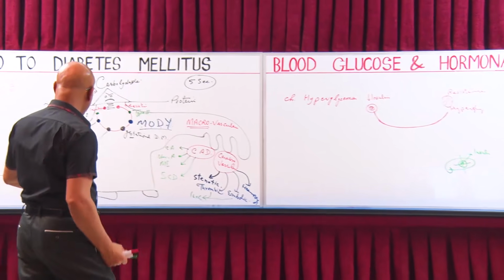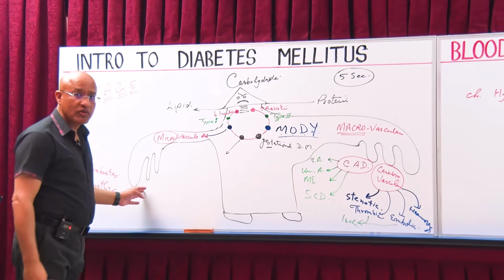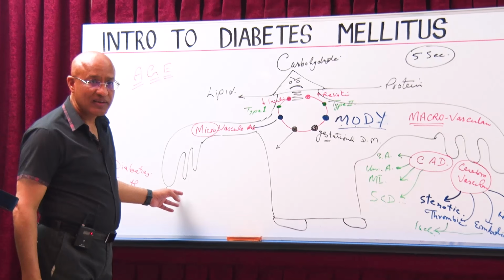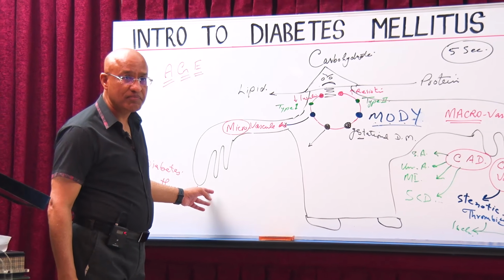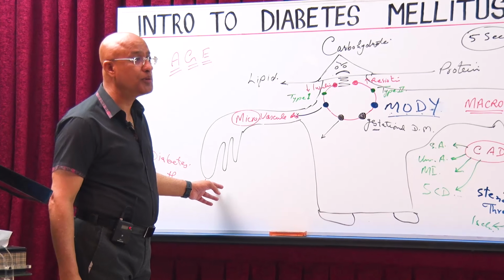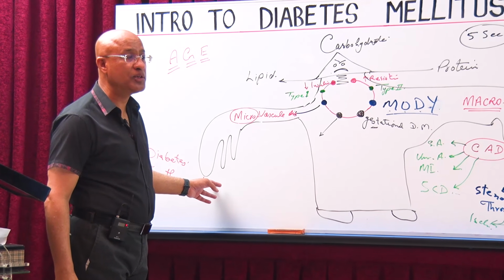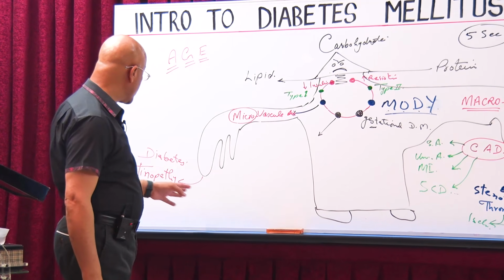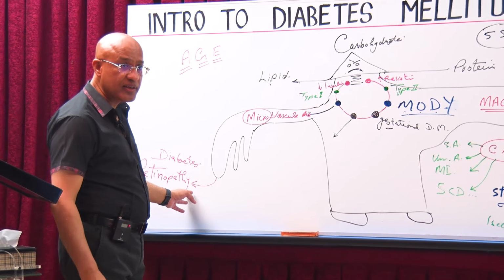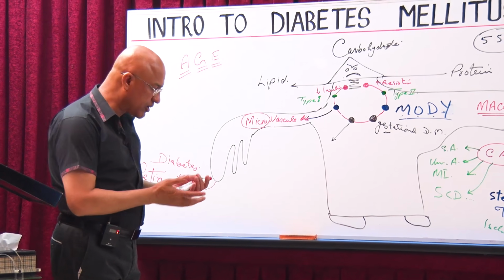Then if it does not kill, at least it can make you blind. That is also a very miserable situation. There are so many beautiful things in life which you cannot see if you are blind, right? So it can produce blindness by diabetic retinopathy. That is an example of microangiopathy.